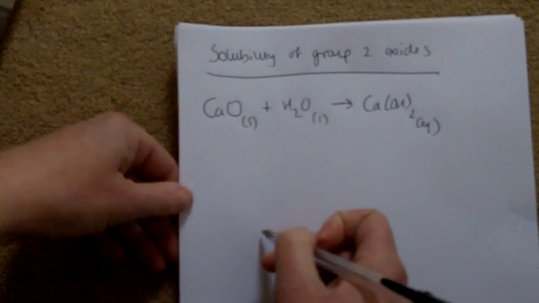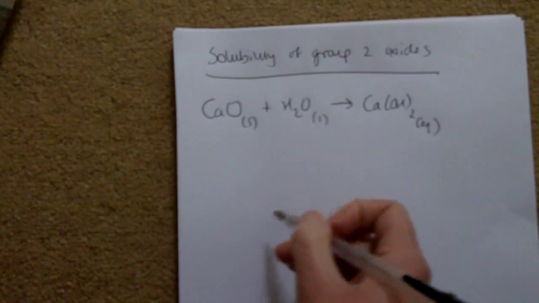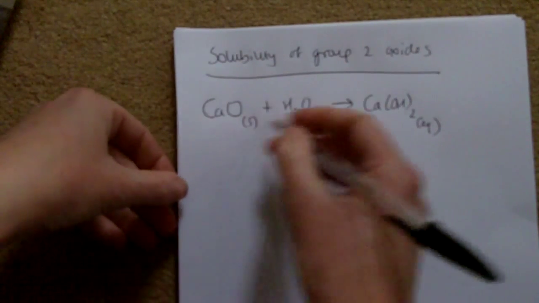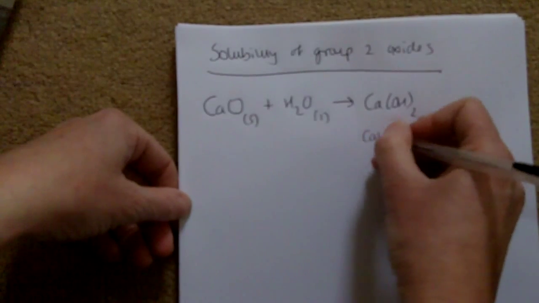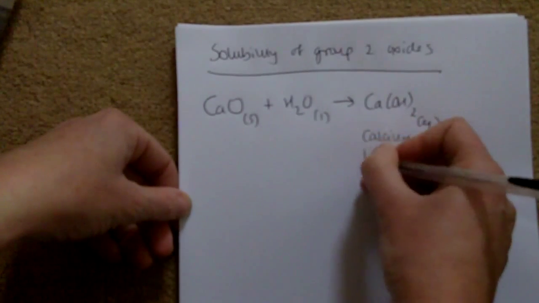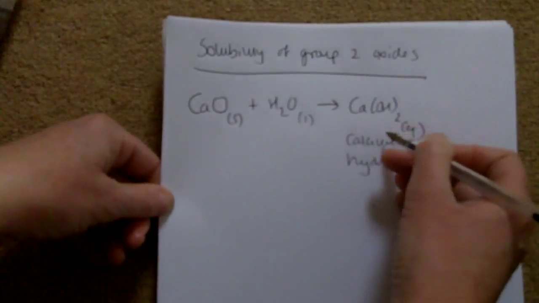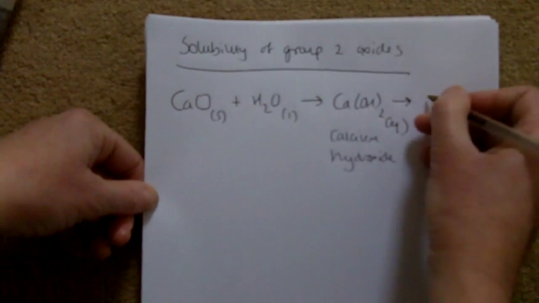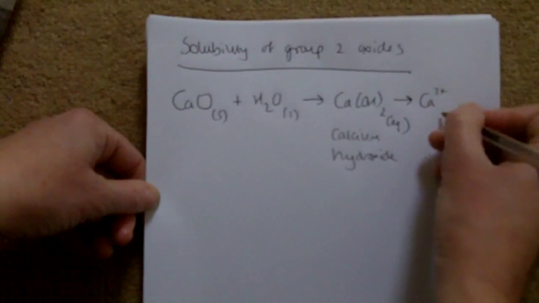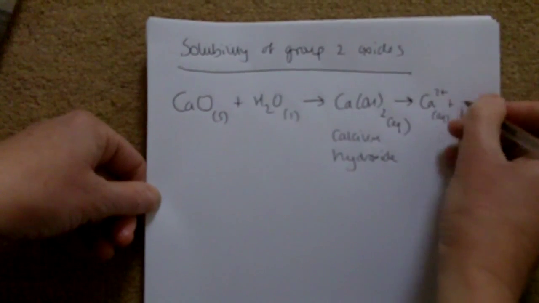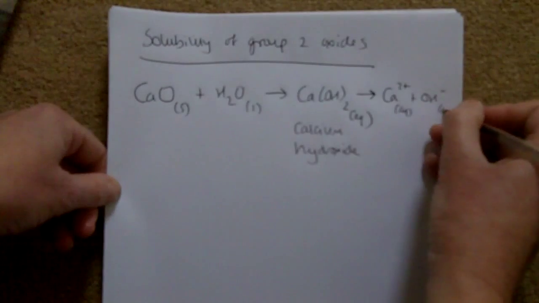Okay, it's already balanced. Now what happens when you have a group 2 oxide? It forms calcium hydroxide, a group 2 hydroxide. Now in water, this is an ionic compound, and it splits up into ions, calcium ions and hydroxide ions.